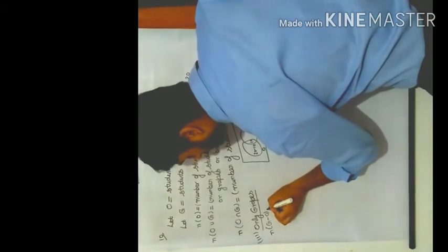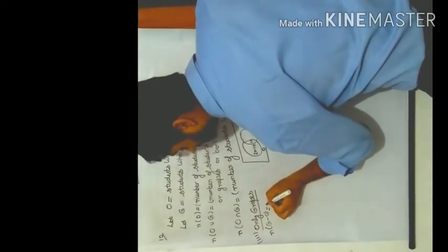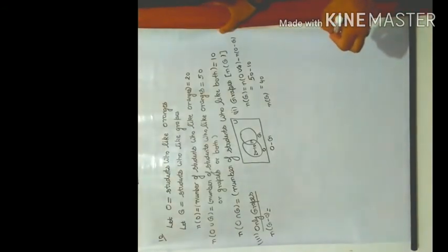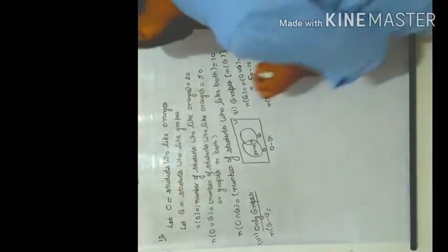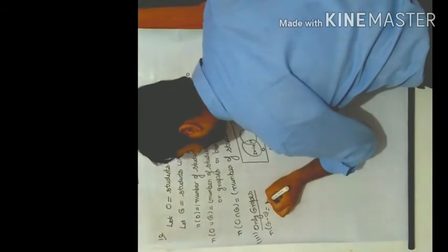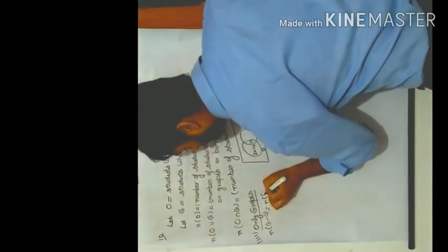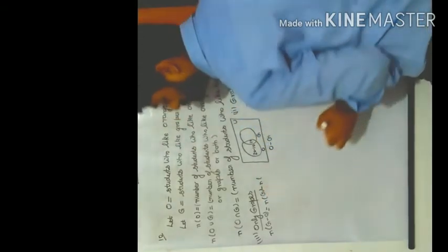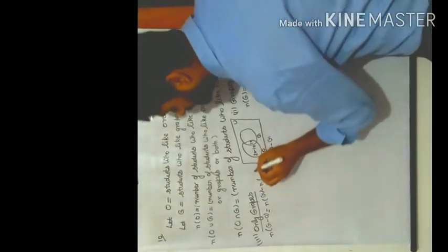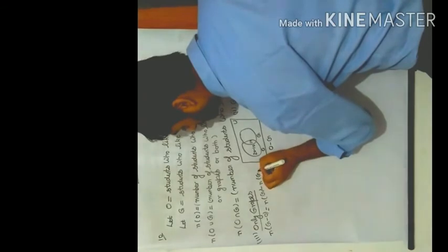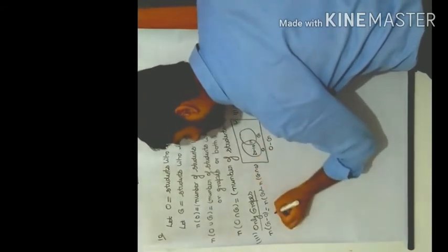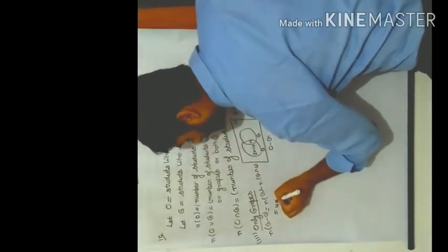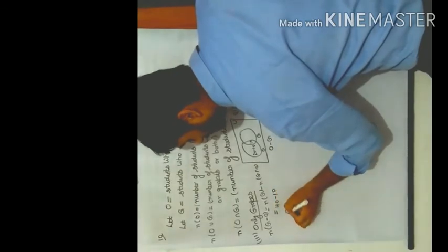See, we have used this in the previous question, the first part, also. Only grapes means we will subtract the intersection portion from G. It will be N of G minus N of G intersection O. N of G is 40 minus 10, which will be 30.